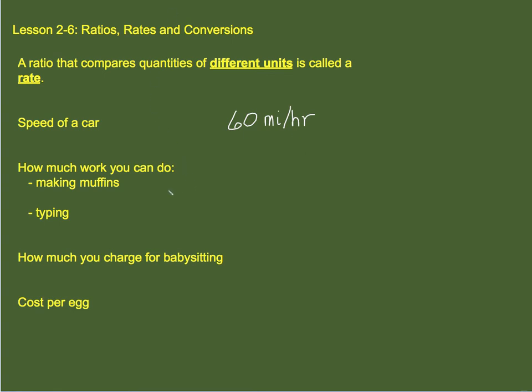When we think about how much work we can do, for instance, if we were making muffins and we could make 50 muffins in a half an hour, we might say that that is our rate, 50 muffins in a half hour, and that's actually equivalent to 100 muffins per hour.